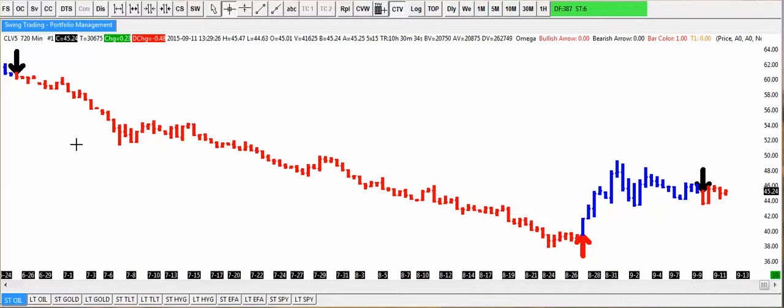These colors can be changed, but in this example we're going to use red and blue as the primary colors. So red is showing that the market condition is bearish and we should only be looking to sell the market, and blue means the market is bullish, we should only be looking to buy the market.